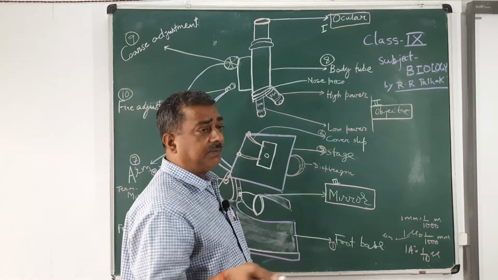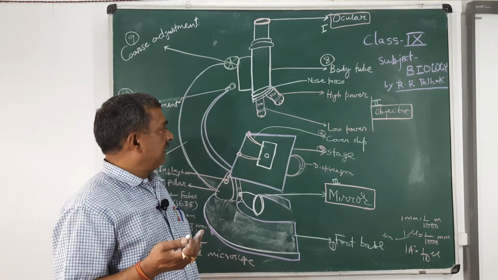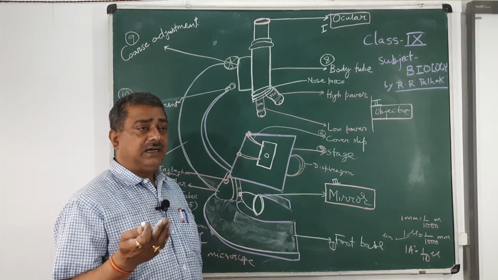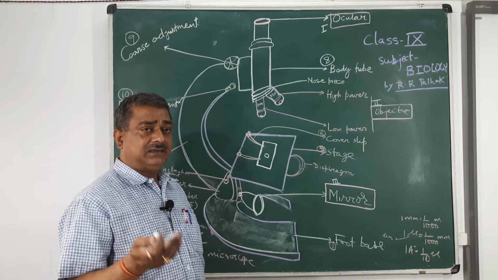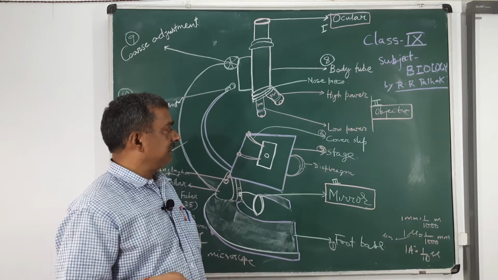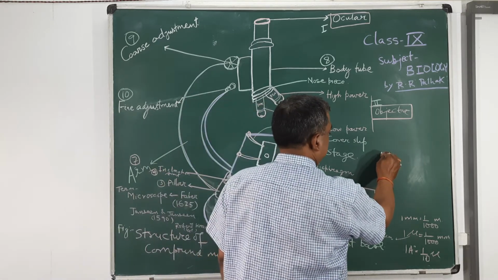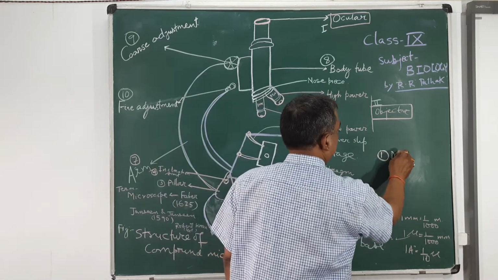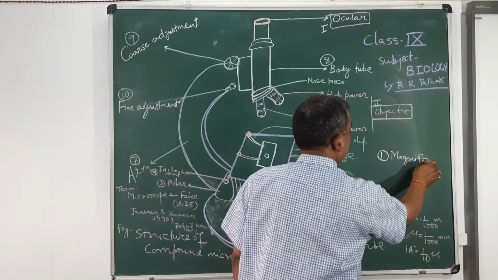There are various types of microscopes, like light microscope and electron microscope. In a light microscope, light is required, and there are simple types like the dissecting microscope, and the compound microscope. A microscope is used to magnify any object, which is called magnification.